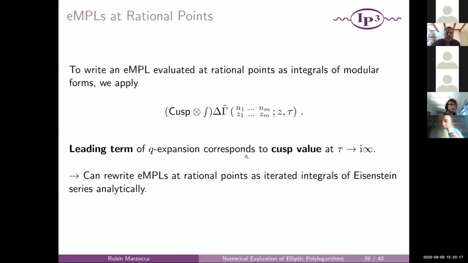And then lastly, I want to go back to this relation between EMPLs at rational points and iterated integrals of modular forms. To write an elliptic multiple polylogarithm at rational points as an integral of modular forms, as I showed you before, you have to apply this map, which computes the cusp value of the first entry, which is an elliptic multiple polylog, and integrates the second one.